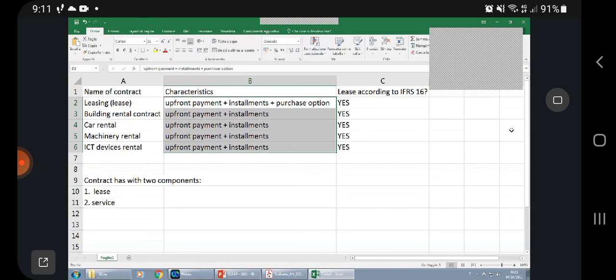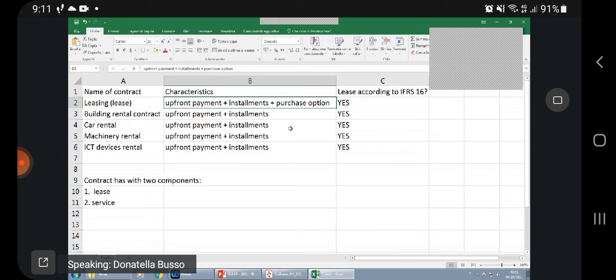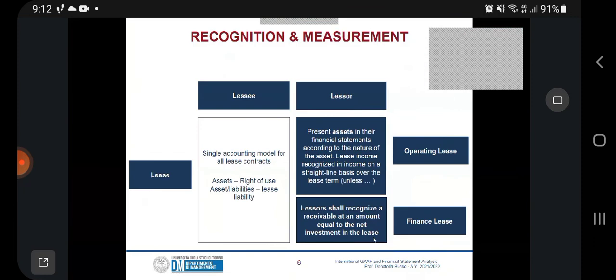Part of the money is paid immediately with the upfront payment. Some other is paid through installments. In some particular cases, maybe there is the possibility, it is not mandatory, but only an option, to purchase the asset. But you have to pay. Do you agree with me? And if you have to pay something, in particular the future installments, this means that you have a liability, you have a debt.